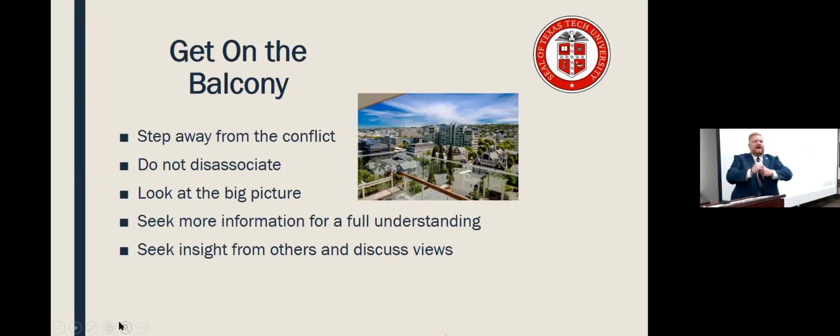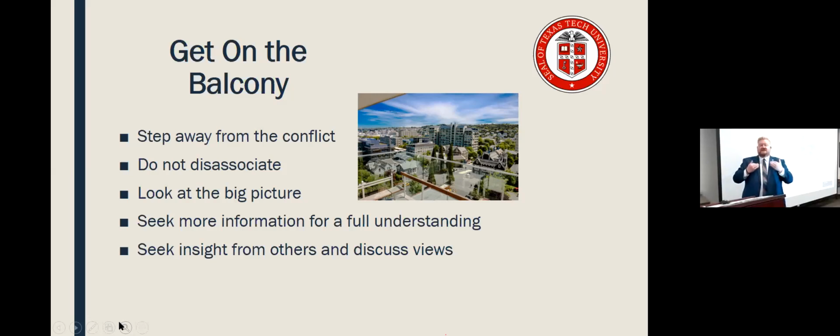And this is where I think of this as just taking a bird's eye view of seeing the world in a broader scope. If you've ever stood on a balcony and you look down, you can see things from a different perspective than if you were on the street. You're looking down and you can see, like I said, the broad views. So when we say get on the balcony, it helps step away from the conflict.